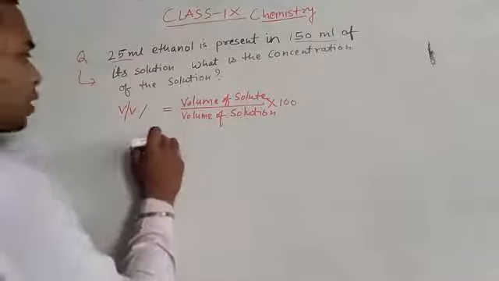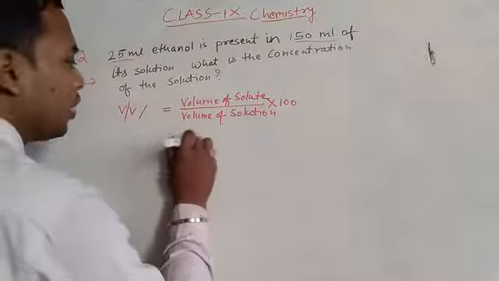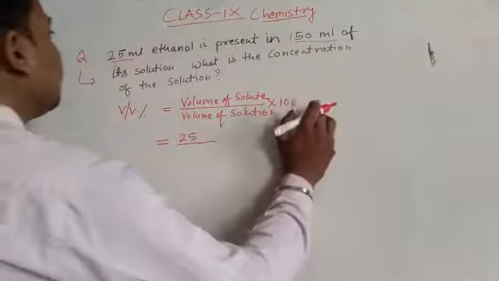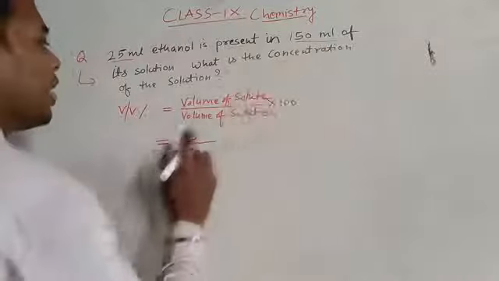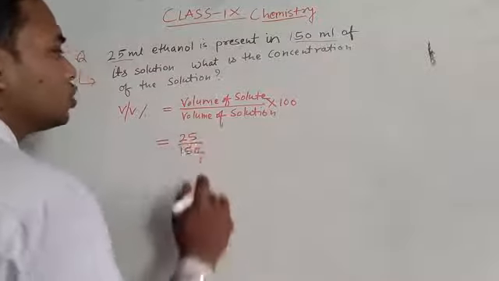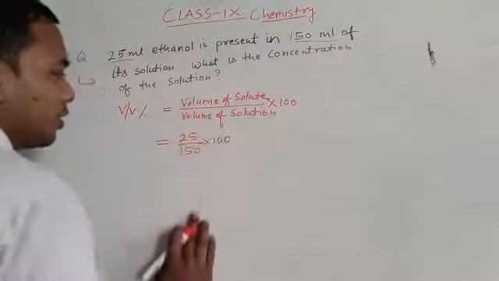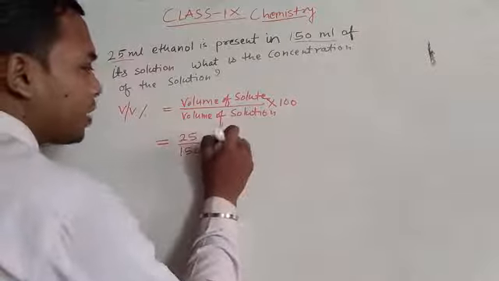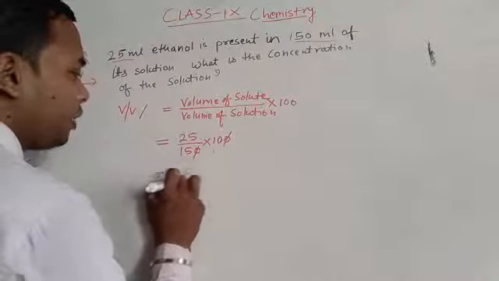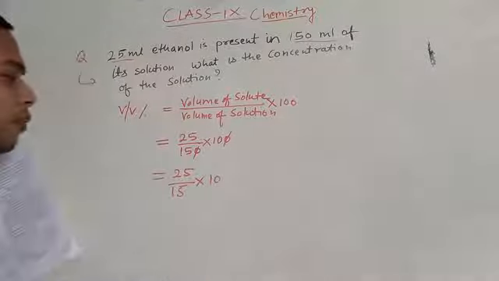Let's put the values: 25 ml solute, that is ethanol, and 150 ml solution, and after that 100. So the zeros cancel, and now 25 upon 15 into 10.